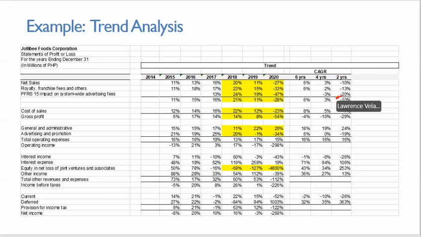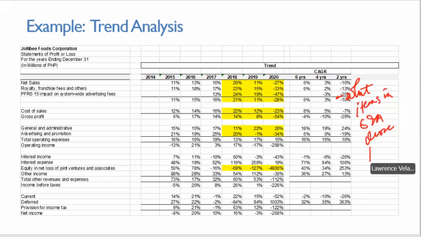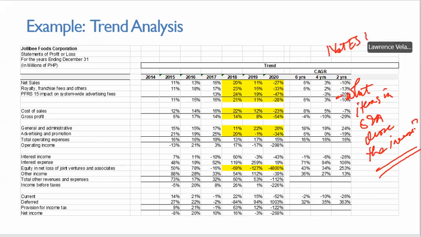What items in G&A drove the increase? Right? So it's something that you can investigate when you go to the notes to financial statements. Okay? So ganun, para kang detective, right? The clues are in the numbers and you try to unearth what they did. Okay? And that's what financial statement analysis is all about.